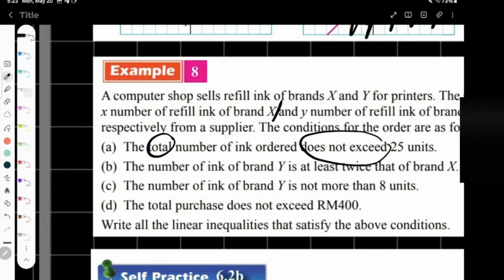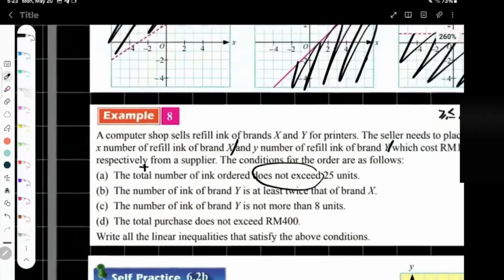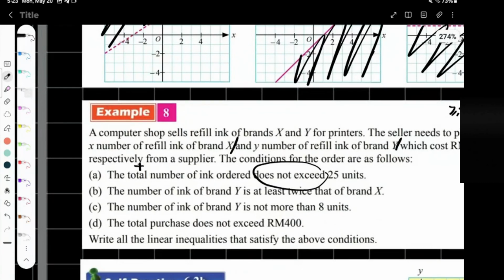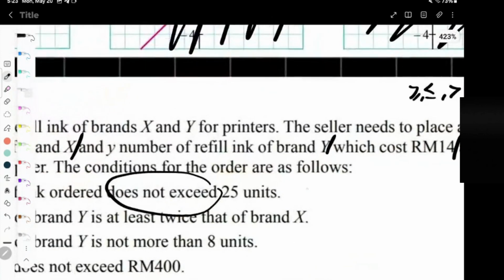The two keywords I underlined are the important ones here. Total means plus. But plus what? Did they mention Y or X? No, they mentioned number of ink, so it should be X plus Y.